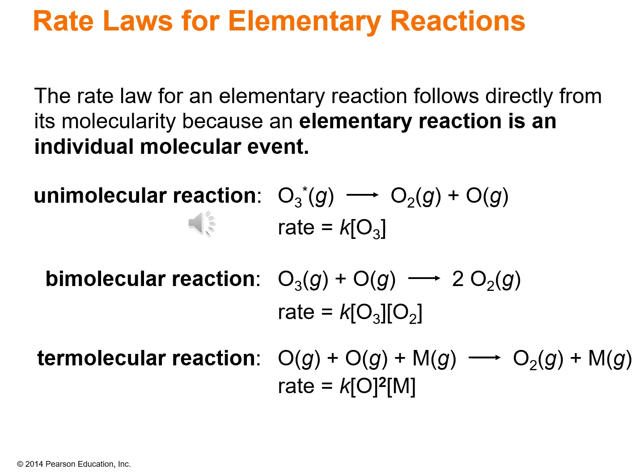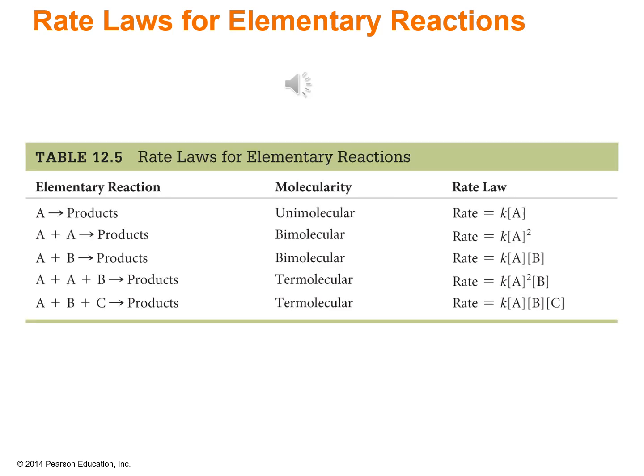The number of moles of ozone per liter that decompose per unit time is going to be directly proportional to the molar concentration of the ozone itself. And so here we have a summary of the rate laws for elementary reactions. Note that the overall reaction order for an elementary reaction always equals its molecularity.